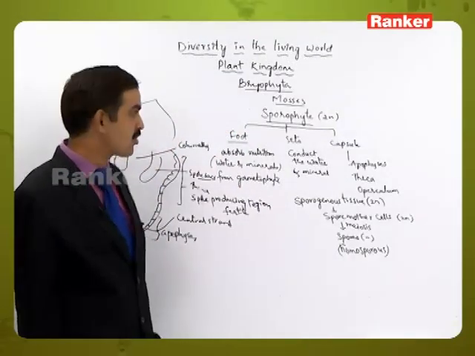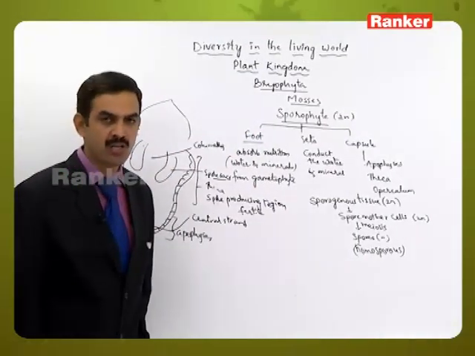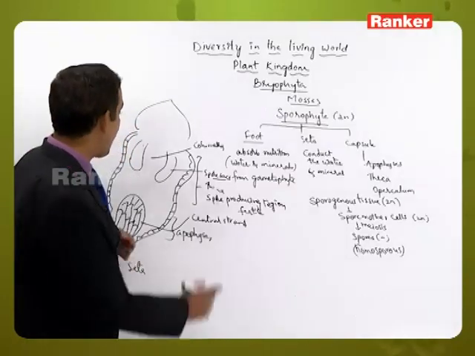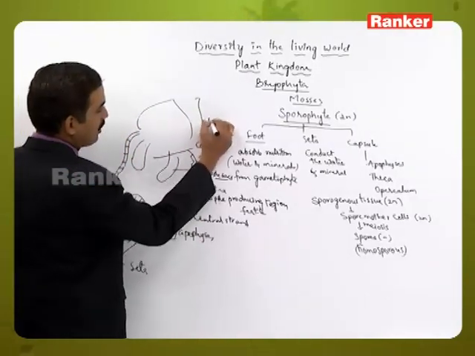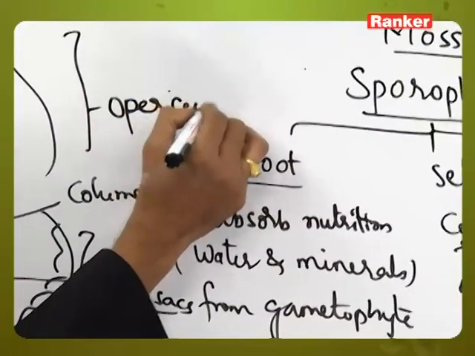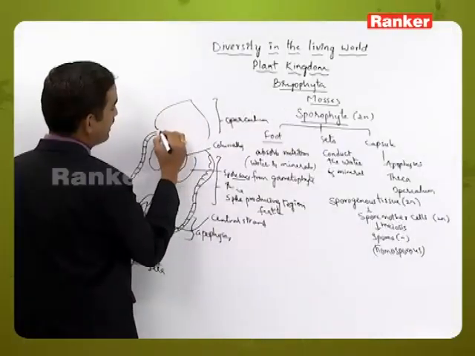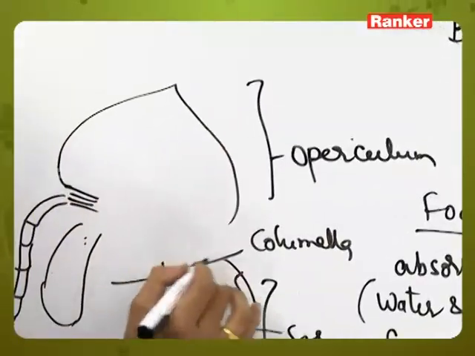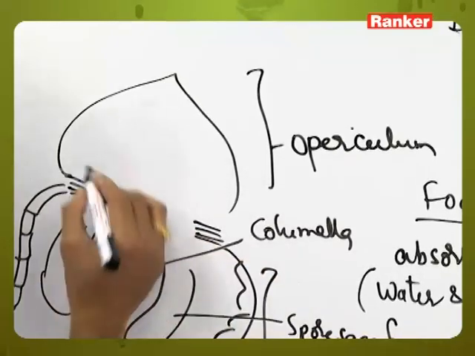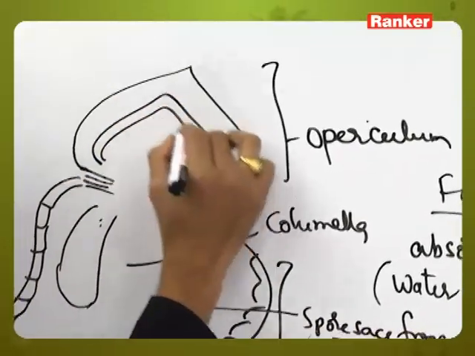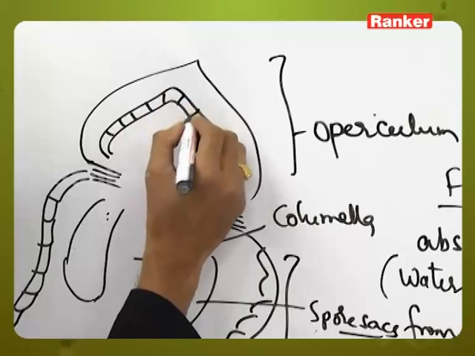Almost all the bryophytes, not only the mosses but all the bryophytes, are homosporous in nature, and here this part is called the operculum or the lid. This part contains some special structures which help in dispersal. That is called the peristomial teeth.